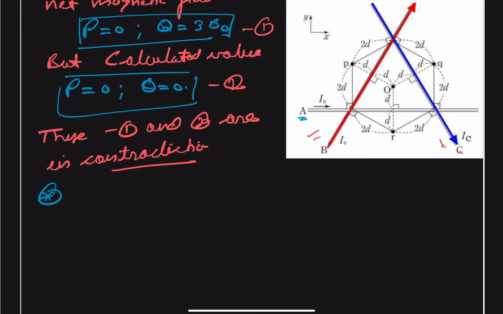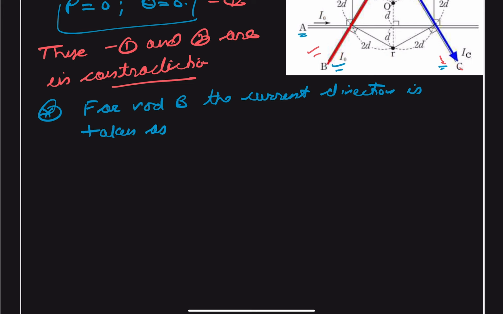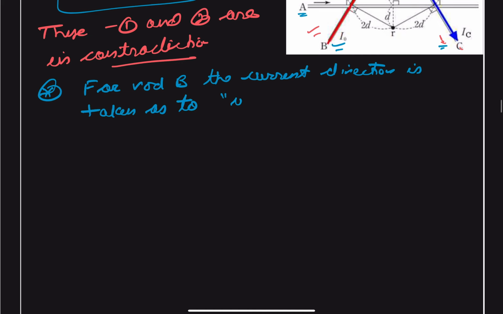So for rod B, the current direction is taken upward.